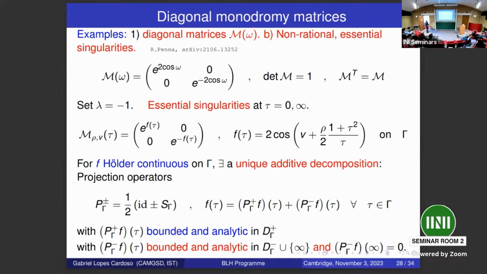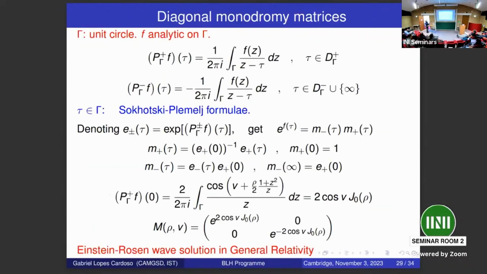If you pick it to be a unit circle, then these objects here are given in terms of Cauchy integrals. This one here is defined for tau in the interior. This one here is defined for tau in the exterior of the contour. And if you then take tau to approach the contour, then these formulae become defined in terms of the Sokhotski-Plemelj formulae. All right, that's what you have.